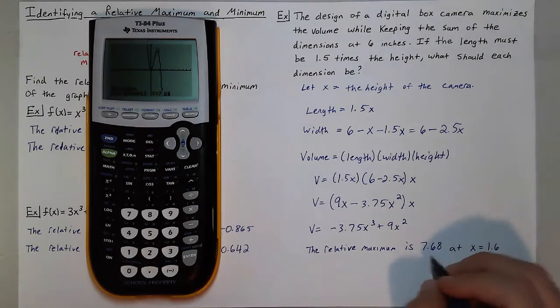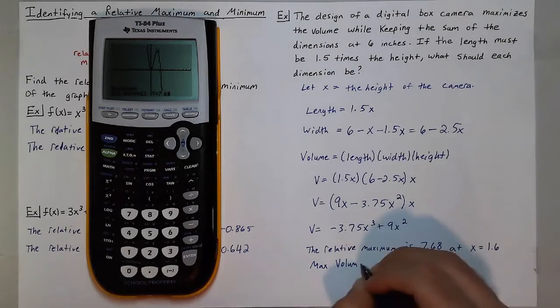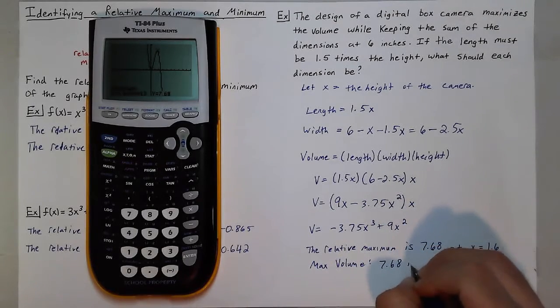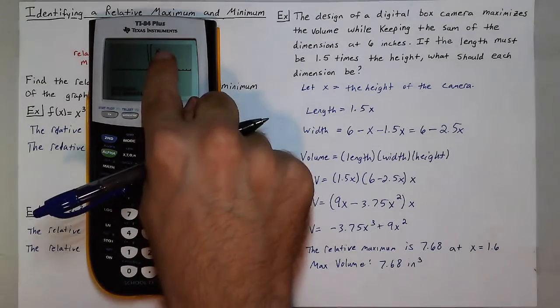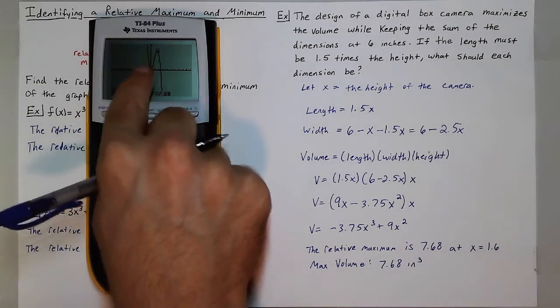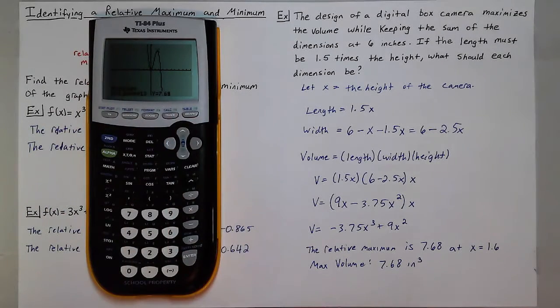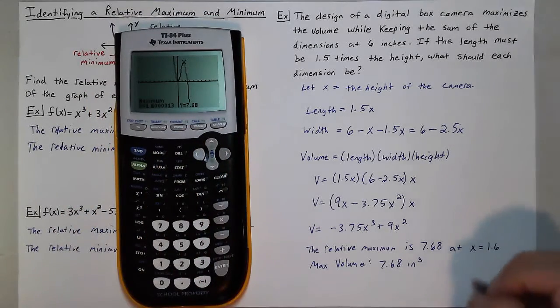Which really what that means is my max volume will be 7.68 inches cubed, since I can't go any higher than that. It does go higher here on the left, but that's a negative dimension for the x, which is the height, which can't happen.